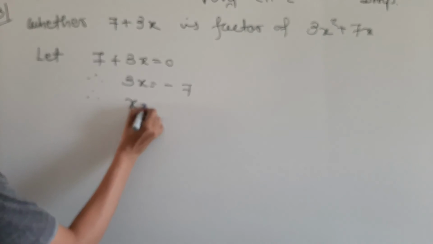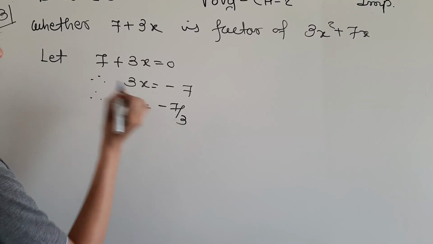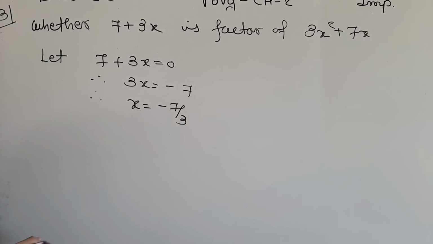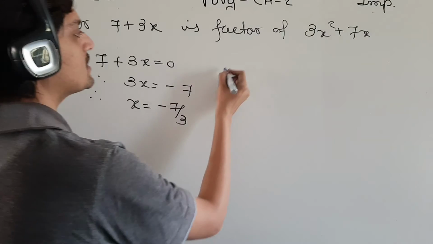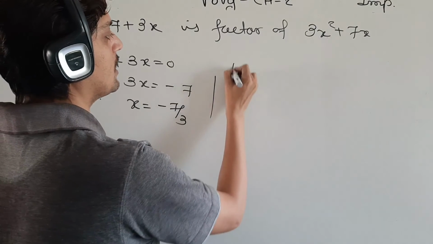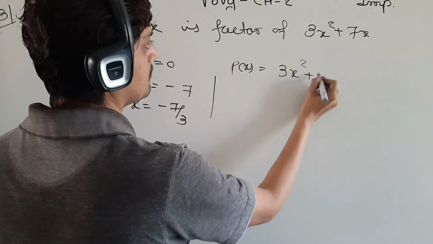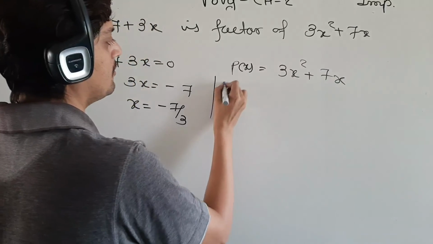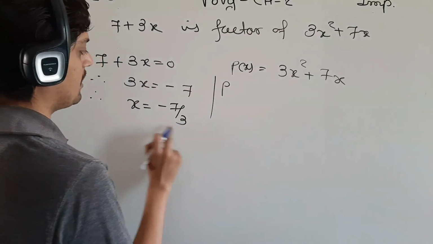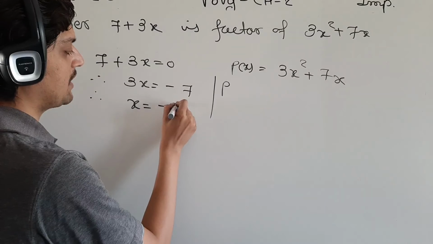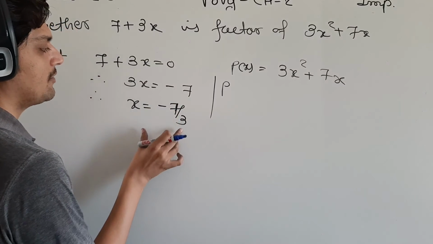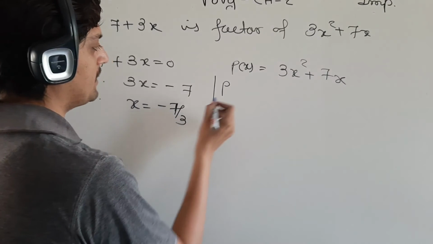So now x is equal to what? Minus 7 by 3. Okay, x is minus 7 by 3 and this value you have to put in this polynomial. So your p of x is what? 3x square plus 7x. So now instead of x, the value of x is minus 7 by 3.